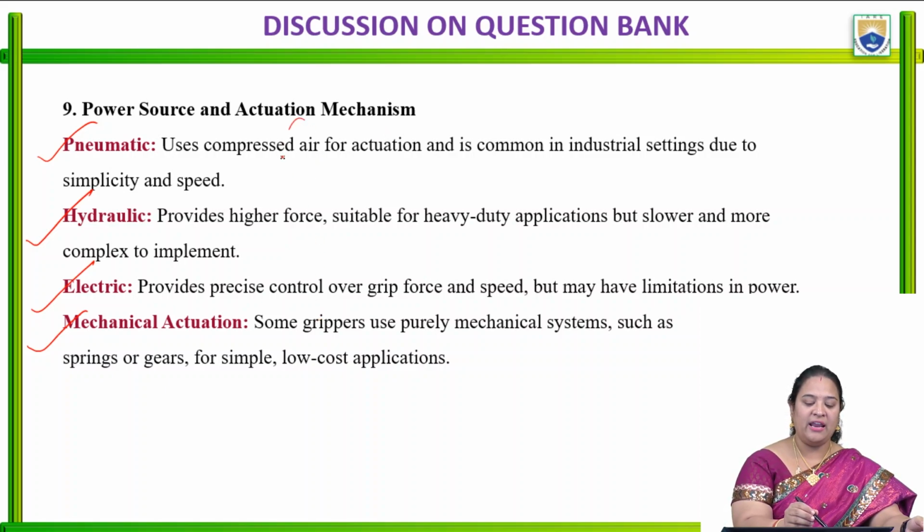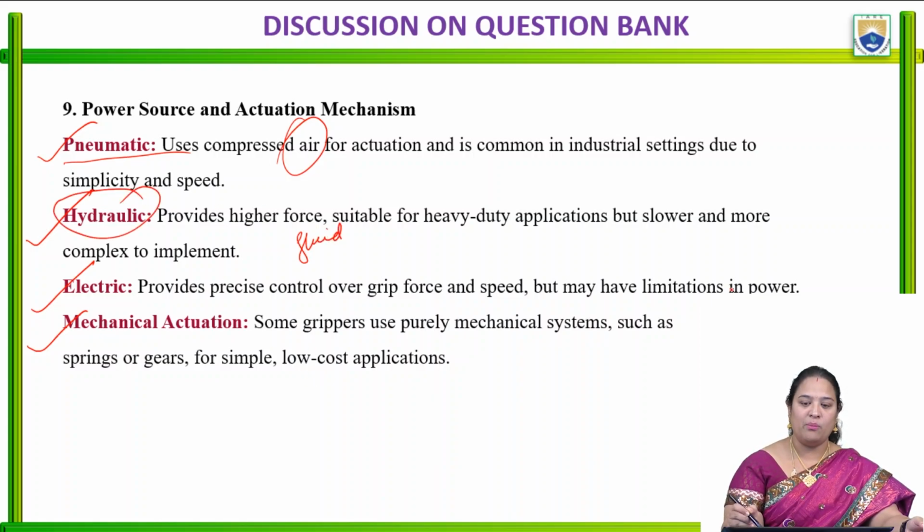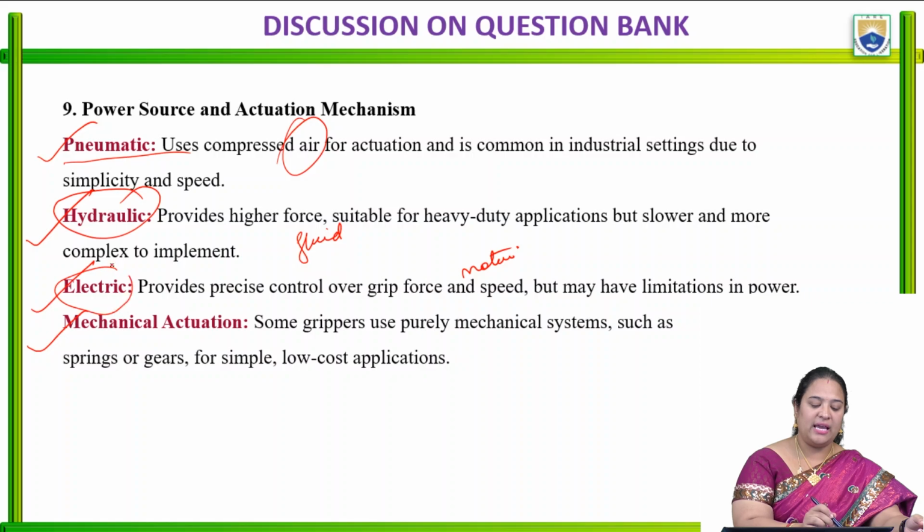When we have air as a constraint, we will be using a pneumatic actuator, or when we have fluid, we will be using a hydraulic type of gripper, or when we have a motor type of actuator, that is a stepper motor, we use the electrical type of actuator, right?